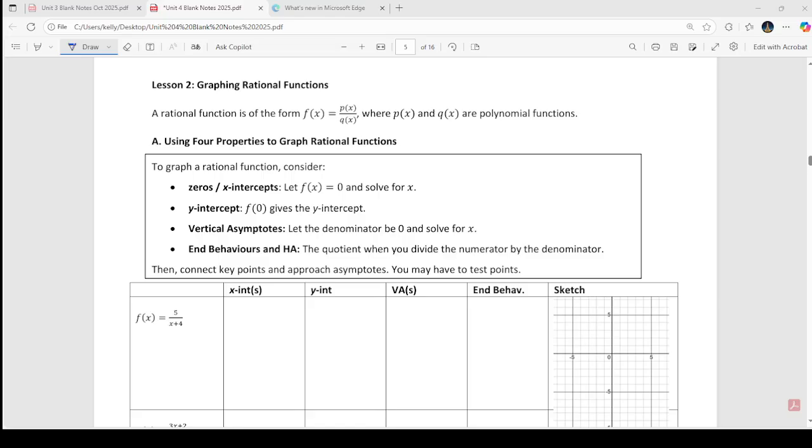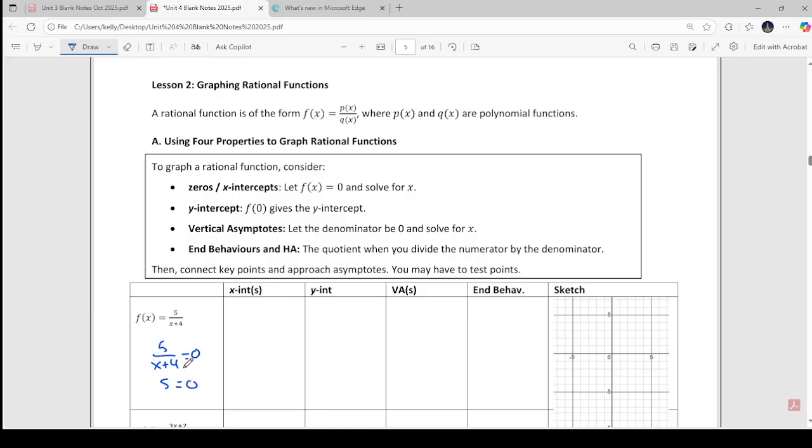So when does 5 over x plus 4 equal 0? This will be never. There will be no x-intercept, because if 5 over x plus 4 equals 0, you multiply by the denominator and get 5 equals 0. This is untrue. There are no x-intercepts.